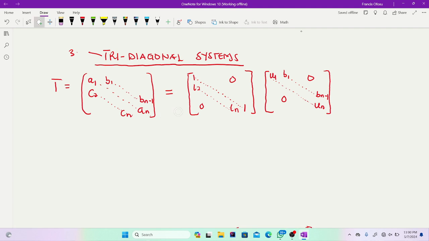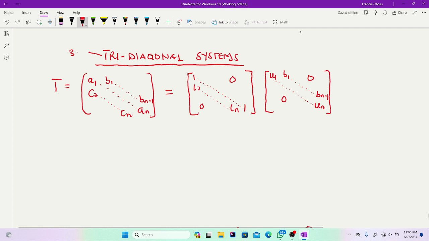So in this video, I want to show you the simple way to decompose a tri-diagonal matrix system into LU form. I have a tri-diagonal matrix here to illustrate.